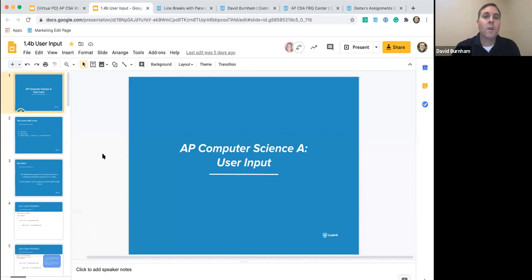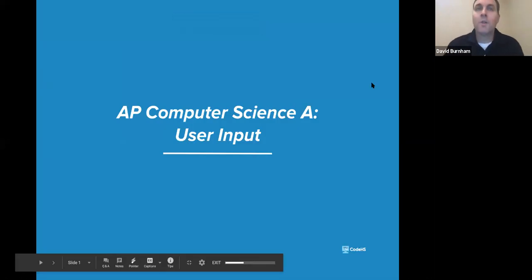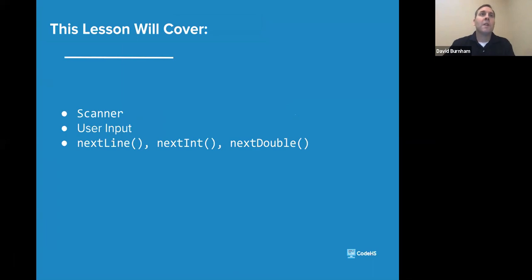For the first lesson here, instead of showing the video, we're going to actually go through the slides together using some of the notes that cover the slide. In this lesson, we're going to cover using the scanner to get user input and the commands next line, next int, and next double.